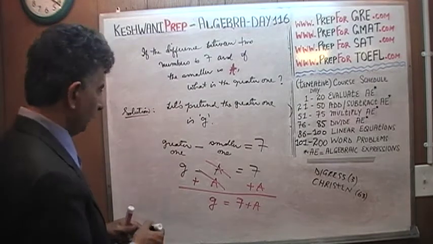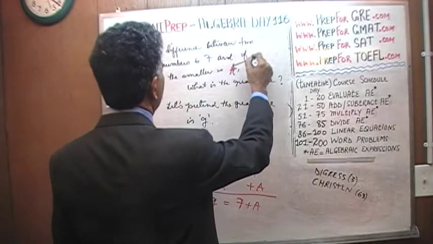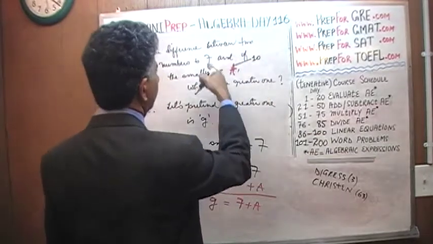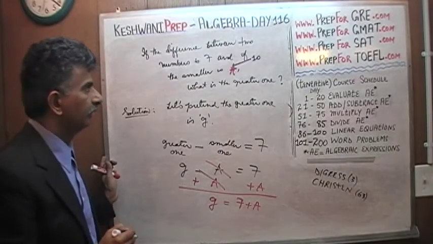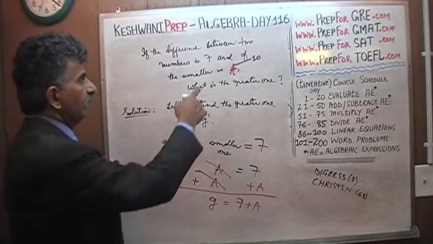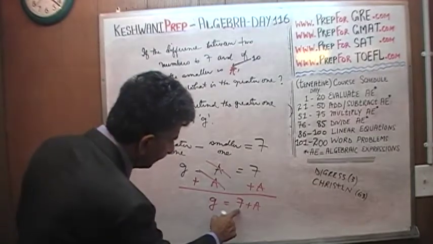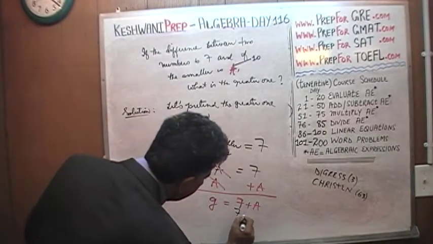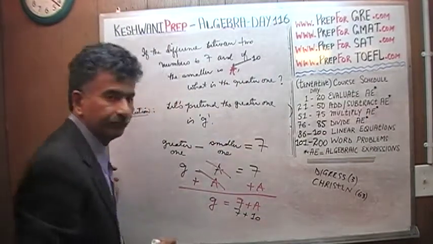For example, if the smaller one is 10 and their difference is 7, the greater one would have to be 17. Here, 7 plus A, where we plugged in 10, gives 17.